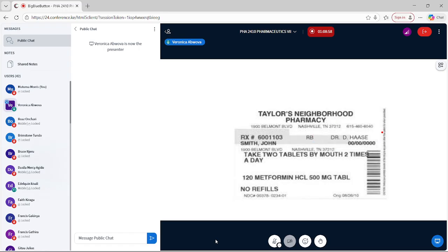It has the doctor's name here, but this is not a legal requirement. But if you have a system generated label, the system just puts it there and it's not an issue, but it may not be legally required. But the name of the pharmacy and address, legal requirement.